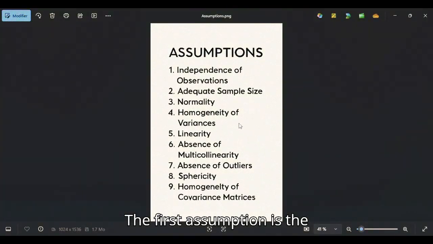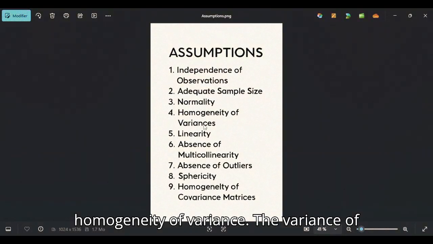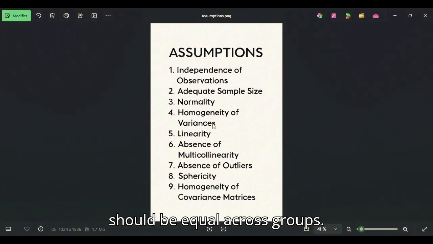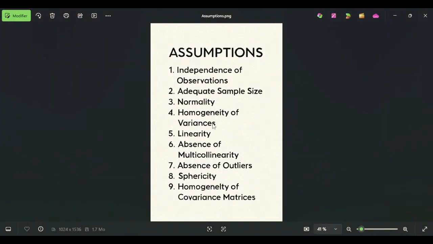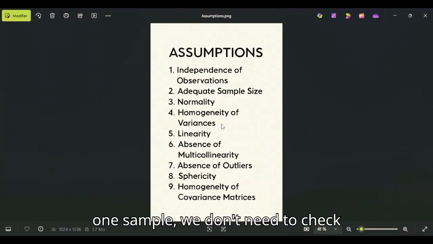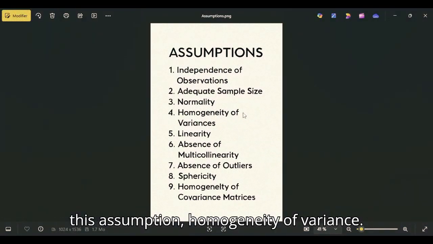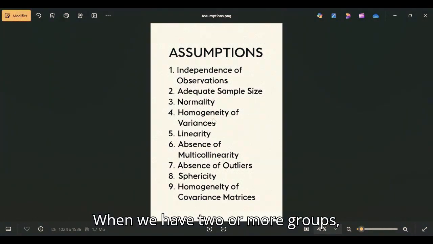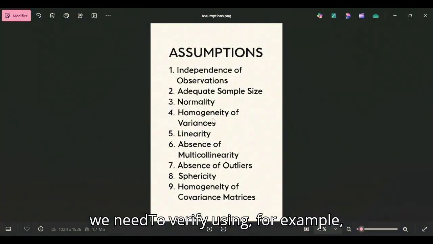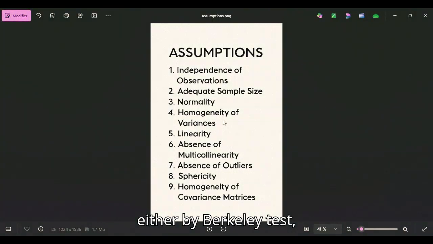The fourth assumption is the homogeneity of variance. The variance of the dependent variable should be equal across groups. When we have only one group or one sample, we don't need to check this assumption. When we have two or more groups, we need to verify it using, for example, Bartlett's test, Levene's test, or the Fisher test.